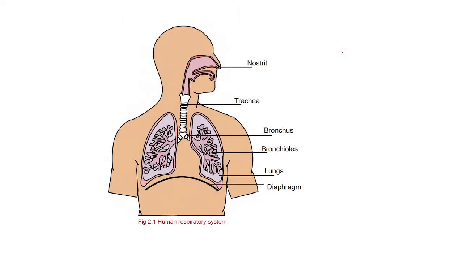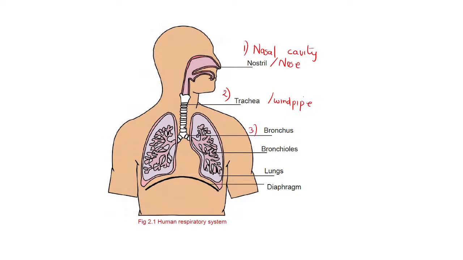Okay, so the human respiratory system consists of the nostril or nose, which is also called the nasal cavity. Then the trachea, which is also called a windpipe. The trachea ends in bronchi or bronchus.